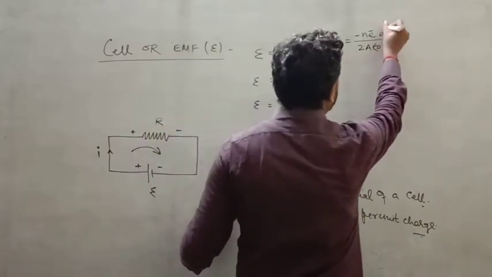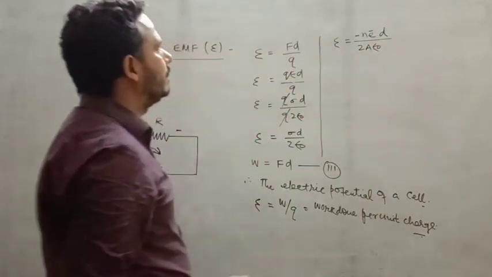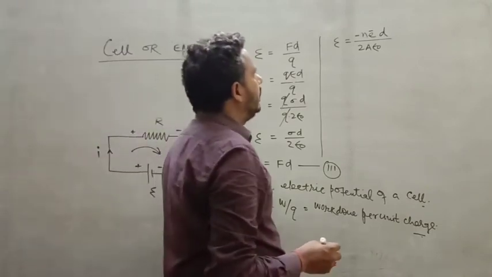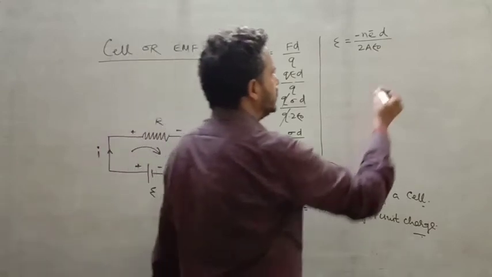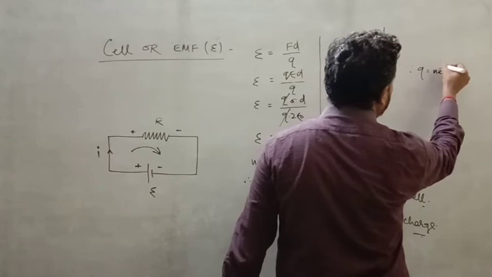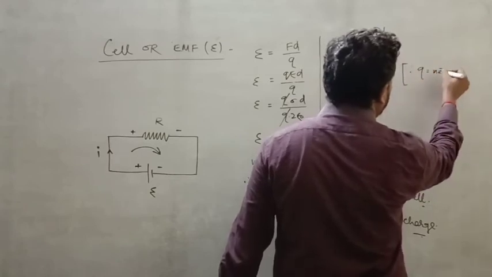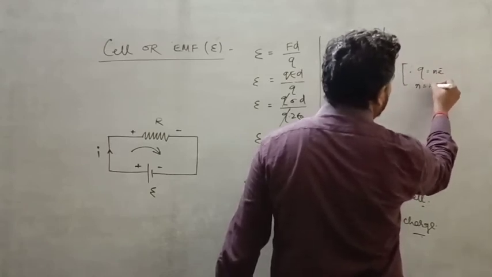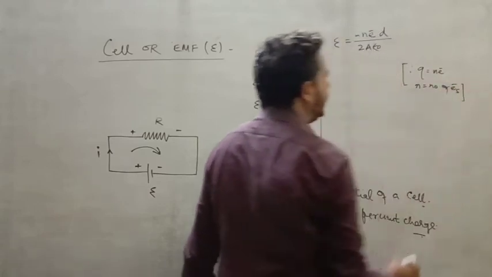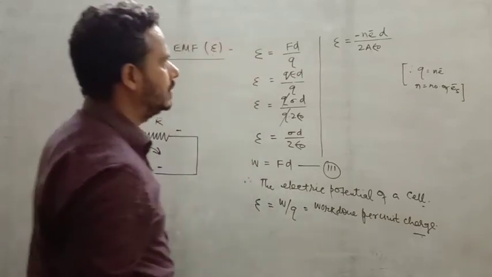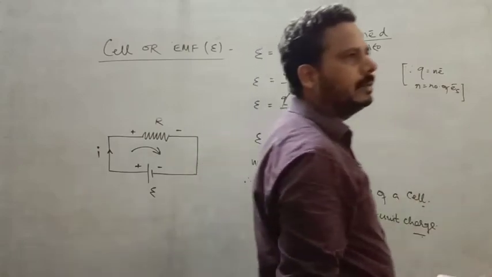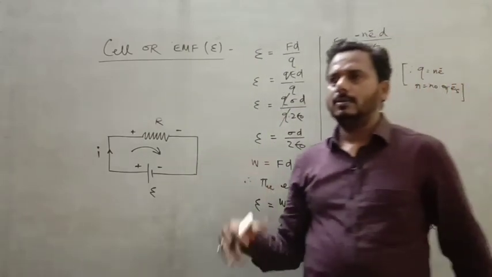Alright. So you can see here that Ne represents the net charge Q. Here I am going to write that Q is Ne. And here N represents the number of electrons. This is simply the number of electrons. Here N does not mean the number of electrons per unit volume.